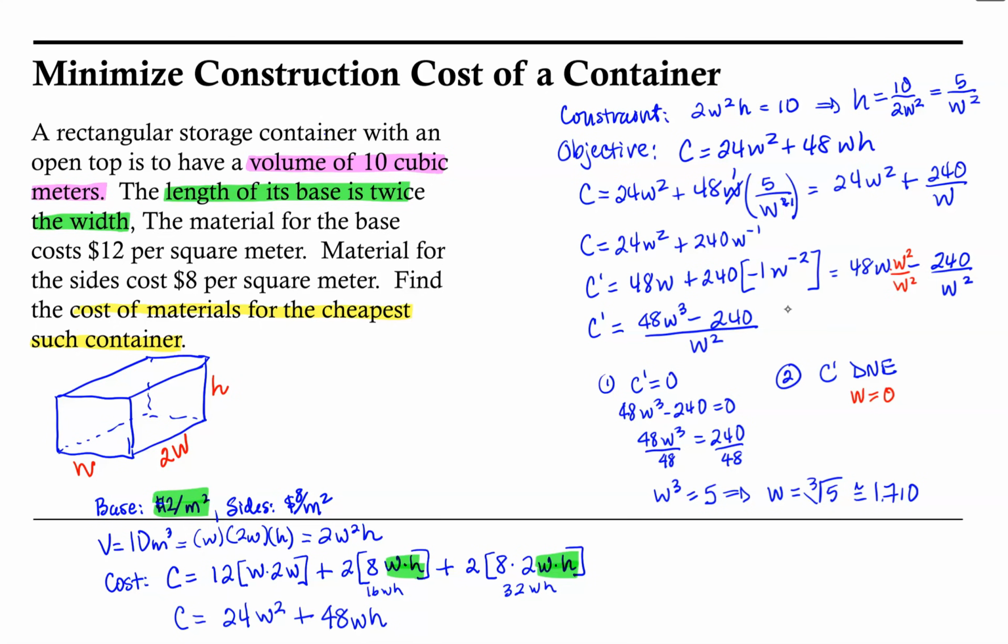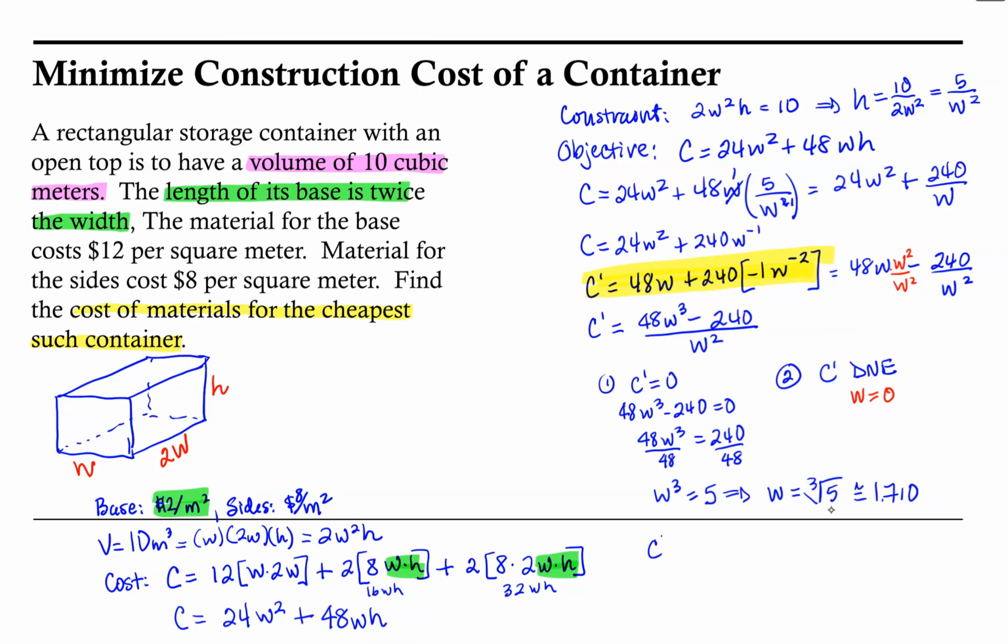So recall that our derivative was 48w plus 240 times negative 1w to the negative 2. That function is not too difficult to find the second derivative, so we'll go ahead and use the second derivative test on this value for w.